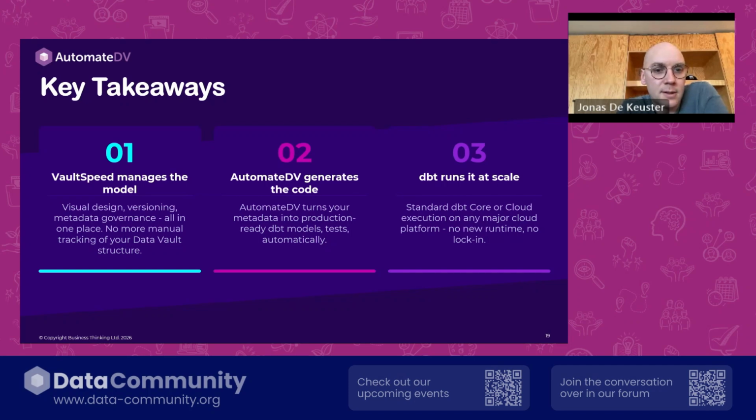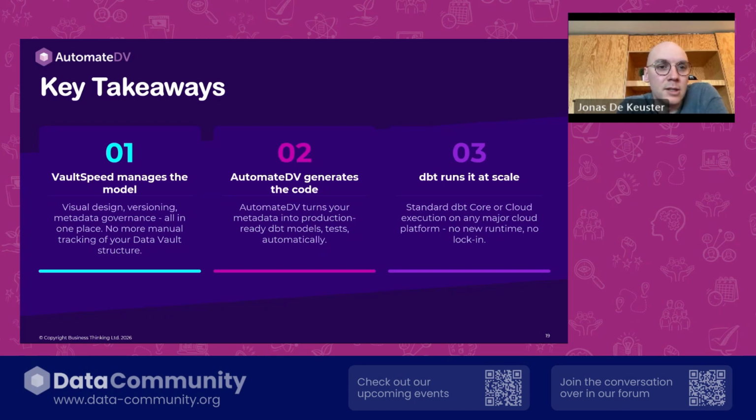I think the key takeaways here are what we've seen is that you manage the data model, the design, really from that conceptual level all through VaultSpeed. And from there, it's an iterative process to really push these sets of metadata, the version metadata, out through the code generator in the AutomateDV package, where you can then, basically typically through Git, expose it to any flavor of your DBT runtime.